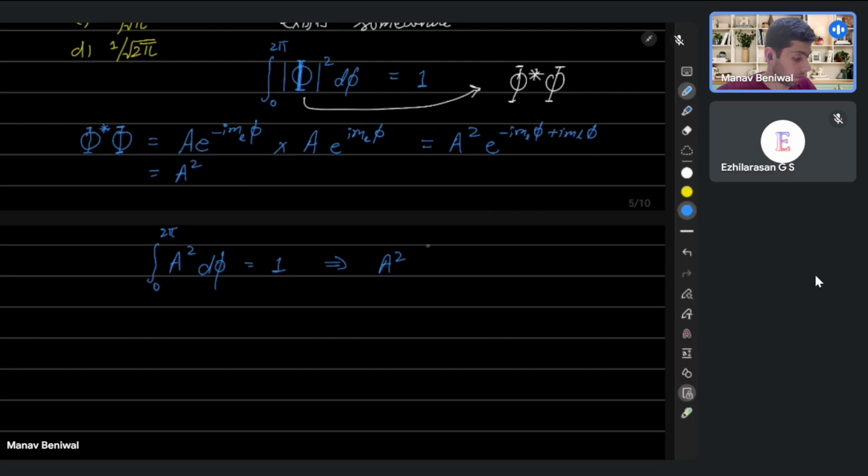This will be a squared times the integral from 0 to 2 pi of d phi.